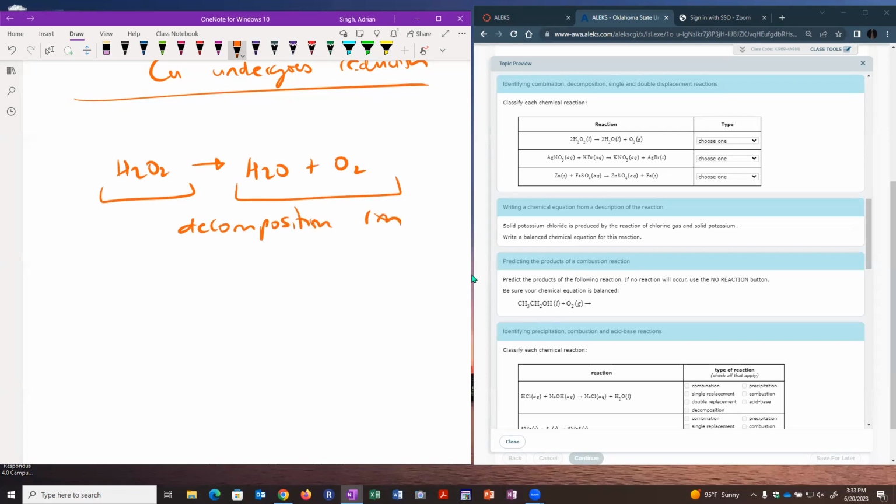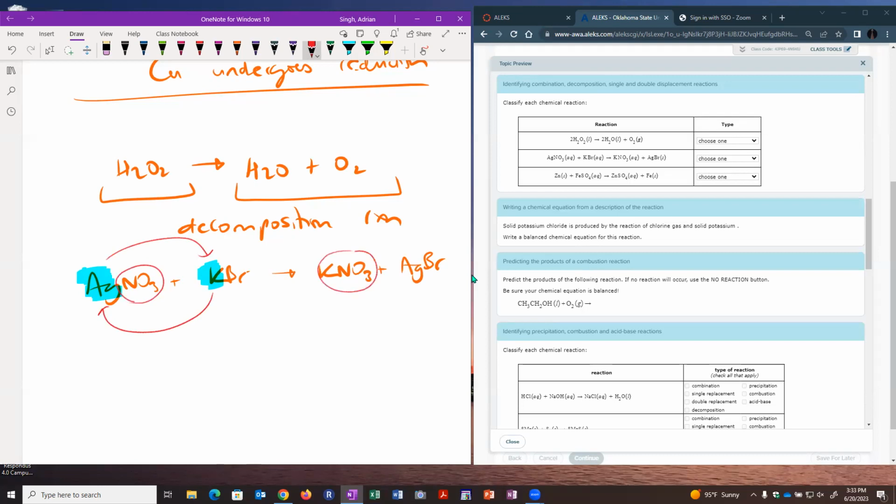reaction. In the second one, we have AgNO3 plus KBr to give KNO3 and AgBr. So what you're seeing here is the silver and the potassium are actually swapping places with each other. So the potassium then combines with the nitrate to make potassium nitrate, and the silver combines with the bromide to make silver bromide.